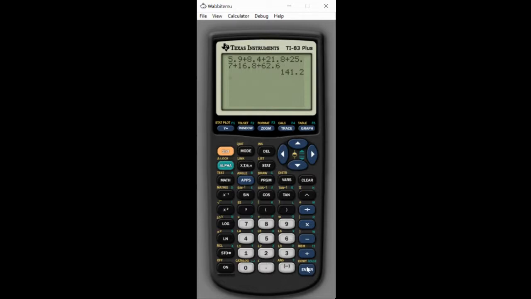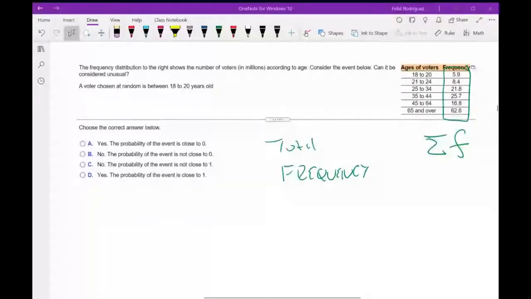The total that I came up with was 141.2. Let me stop sharing this and come back to my notes. We said that our total frequency was 141.2.